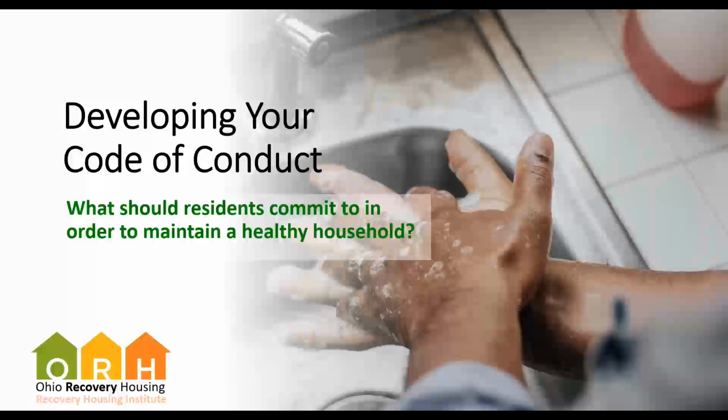And the next question to ask is, what should residents commit to in order to maintain a healthy household? So beyond just being illicit drug and alcohol free, looking at the physical environment. Again, it's their home. They're living there, and they are keeping it nice, not only for themselves, but for their housemates, as well as future people who may live in the house after they leave.